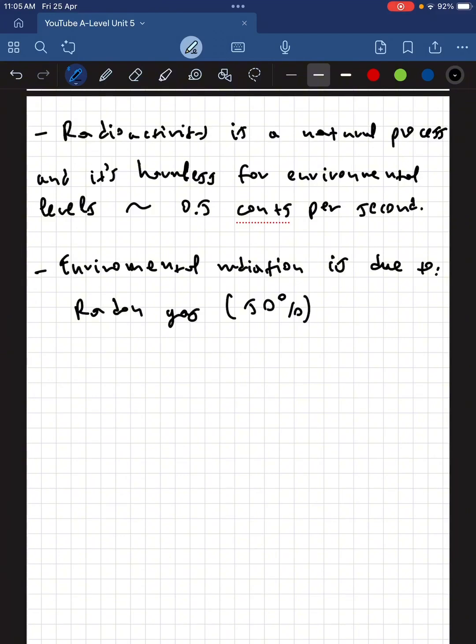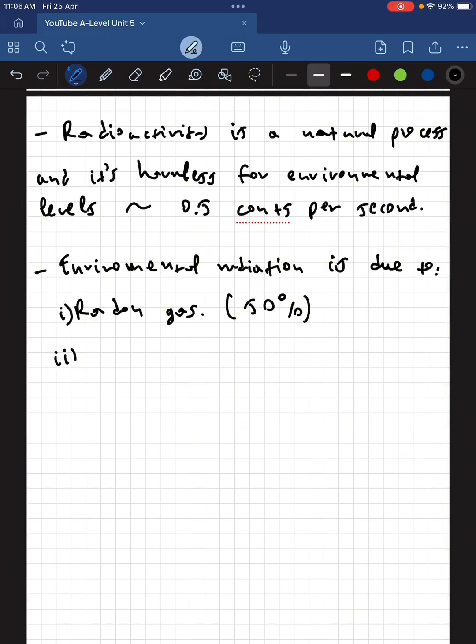It's very heavy. I should remember its mass number. I think it's in the 220s, something like that. And so because it's heavy, it concentrates in basements. So you have to make sure that your basement doesn't have radon gas. I think in the US it's mandatory to check that, and probably in other countries too. So radon gas is responsible for about 50% of environmental radiation.